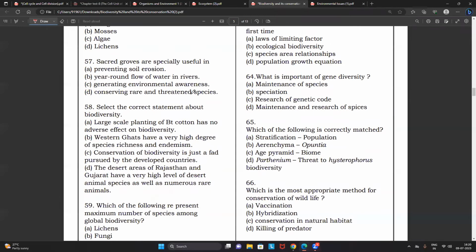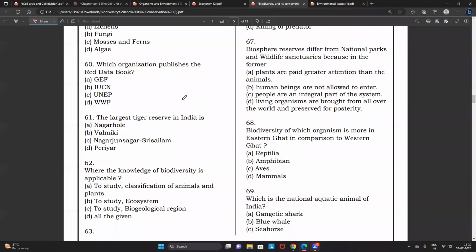Now, friends, no need to get confused with that. Slowly think and answer. Which organization publishes the Red Data book? All of you quickly, as we all know, IUCN is the biggest organization, right?